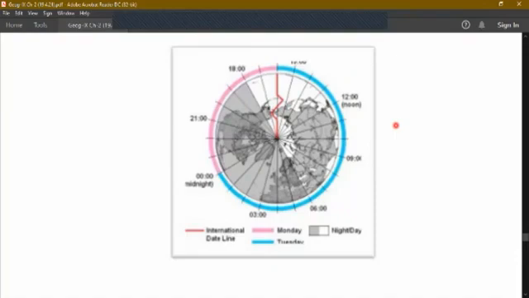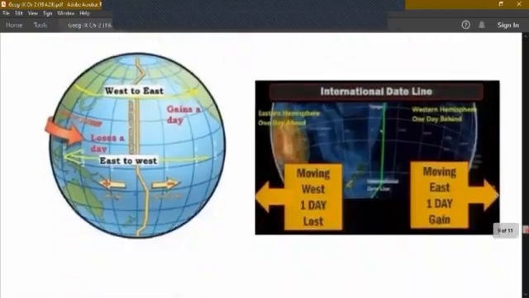When crossing the international date line from west to east, a day is deducted. We usually lose a day. Say for example, you fly from United States to Japan on Tuesday morning.